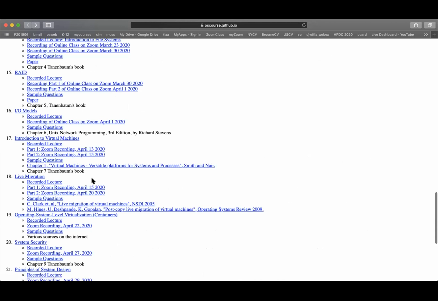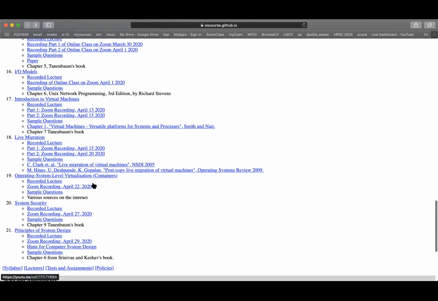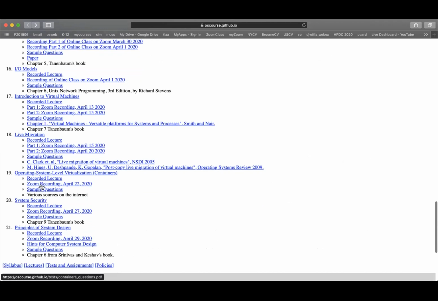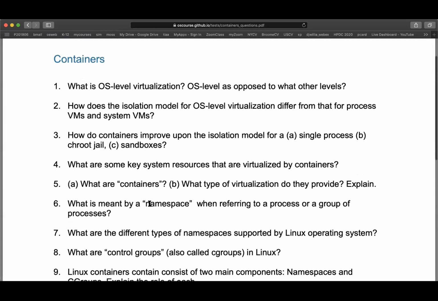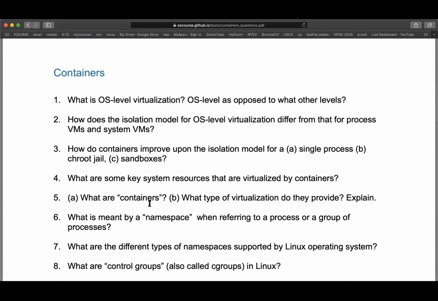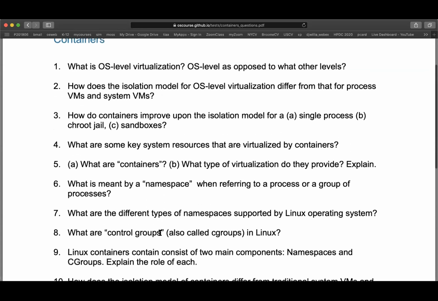All right. So we also looked at containers, and this was an example of operating system level virtualization. We looked at how containers differ from system VMs and processes, the relationship to chroot jails, and how containers themselves consist of namespaces and control groups, right?